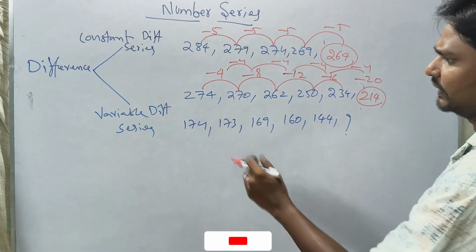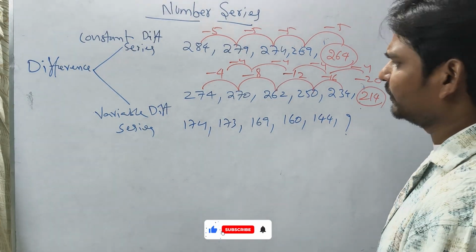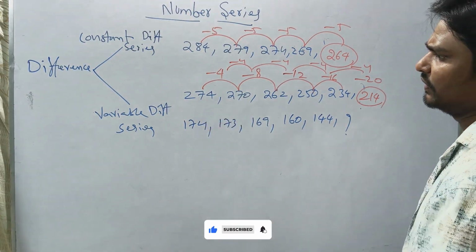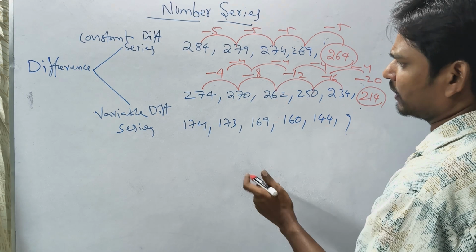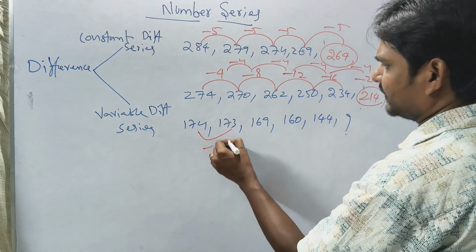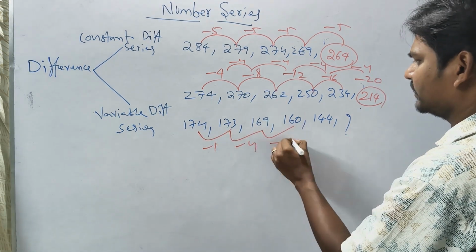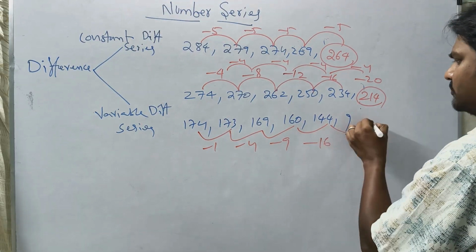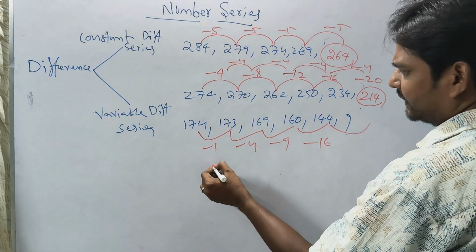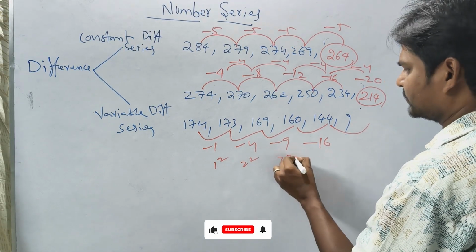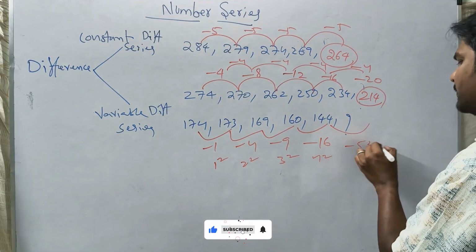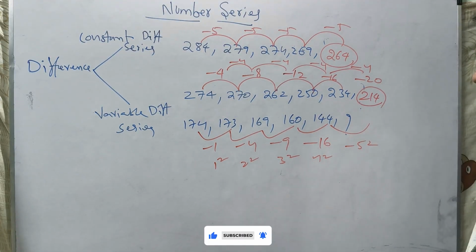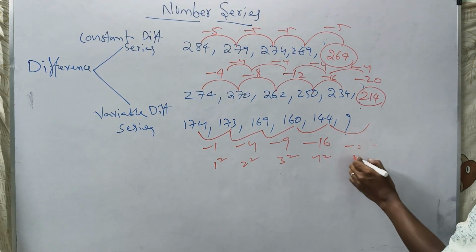Next, now variable difference series. See here how variable difference series. Again one more example. From here to here minus 1, here to here minus 4, here to here minus 9, here to here minus 16. Here shall I take 1 square, 2 square, 3 square, 4 square. Next would be 5 square, then it would be minus 25.